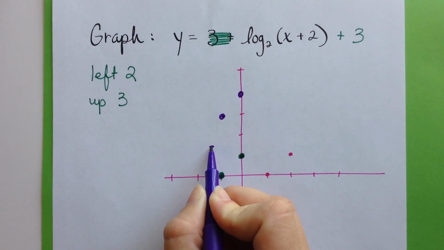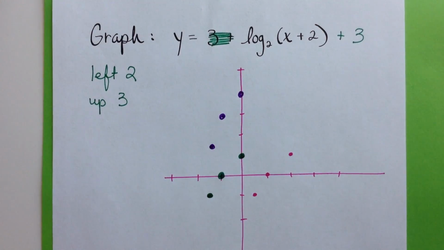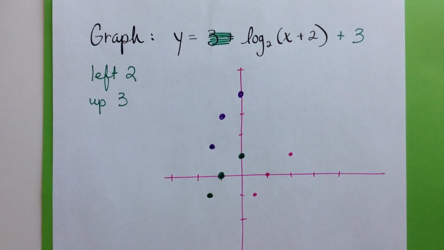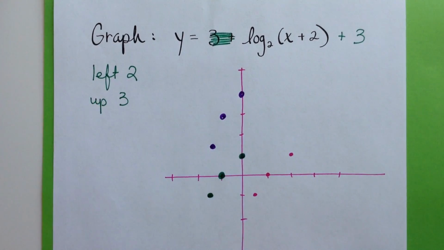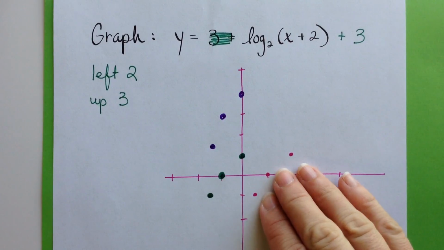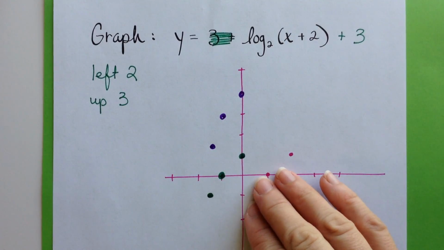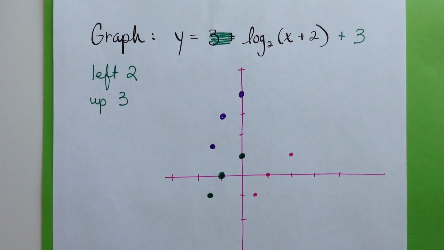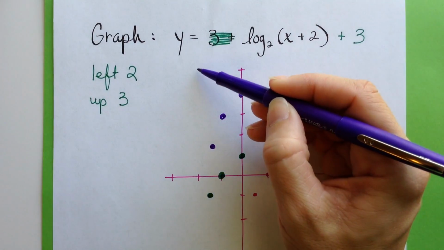Okay, now let's think about our asymptote. With your log graph, remember your asymptote is your y-axis. So first thing I did was shift left 2. So these 3 points had to go to the left 2. Well, that asymptote has to go to the left 2 also. So if it goes to the left 2, that gives me an asymptote right here.